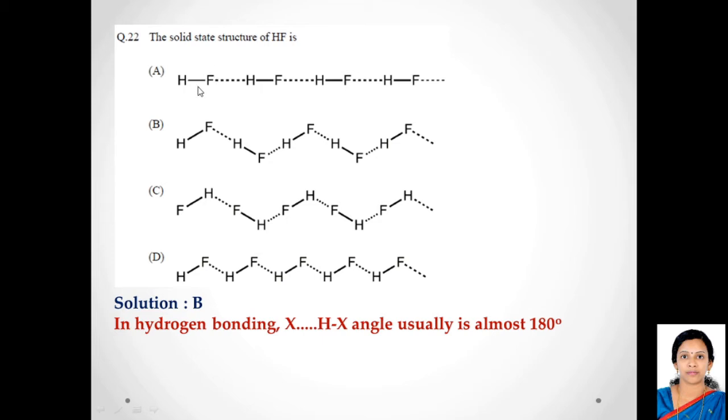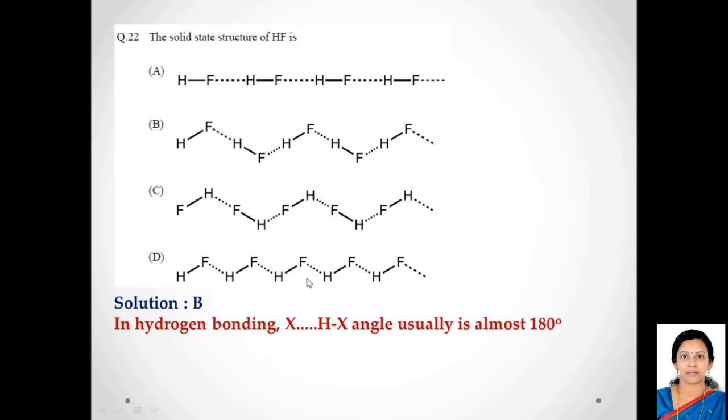So it can definitely not be linear. It has to be bent because around fluorine the bond pair and the 3 lone pairs are in a tetrahedral arrangement. So the electron pair which is available for hydrogen bonding will be at an angle. So it cannot be linear like this. So option A is wrong.